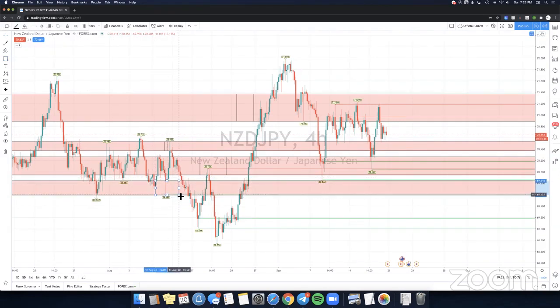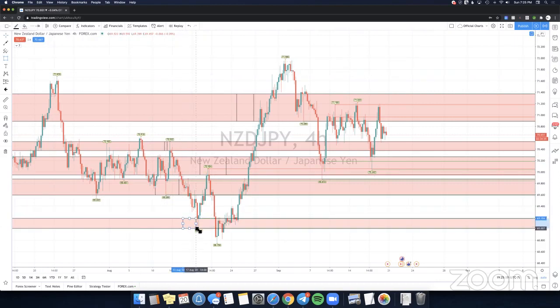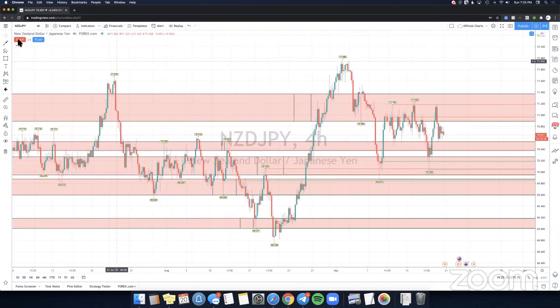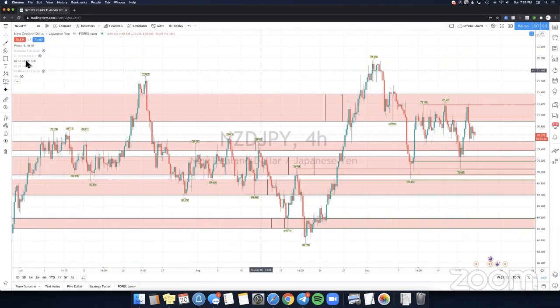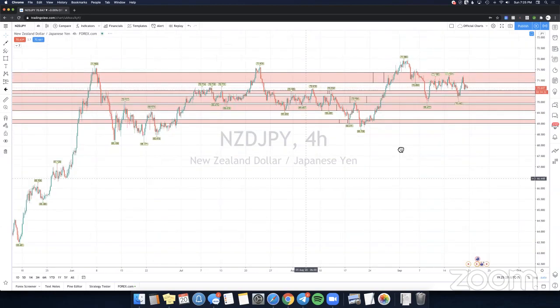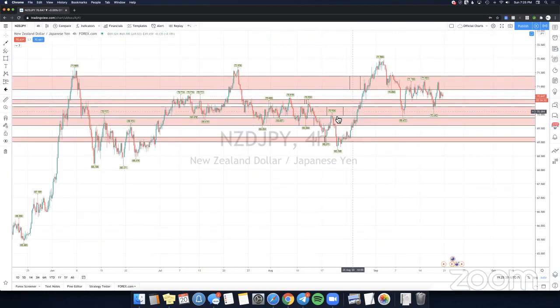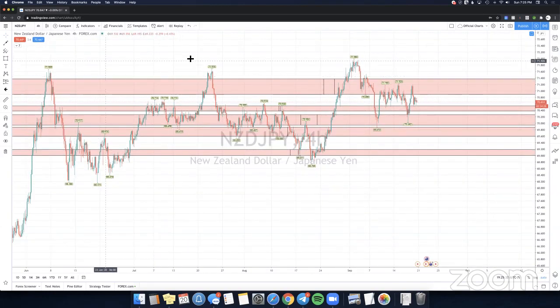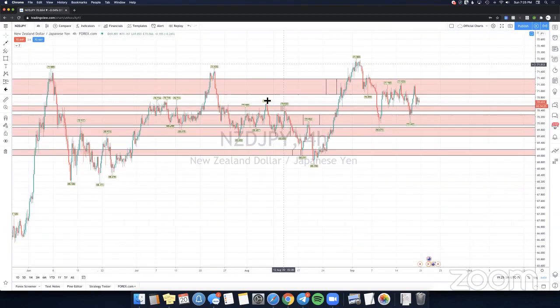And it doesn't really matter if you guys decide to connect certain zones with another zone, because they're still going to be considered zones anyway. So as long as you have the zones covered, it could be a good rejection point for you guys. So it just really depends on how you want to draw it. I did this one a little messy, but you can still see that it covers every rejection point that was tested.